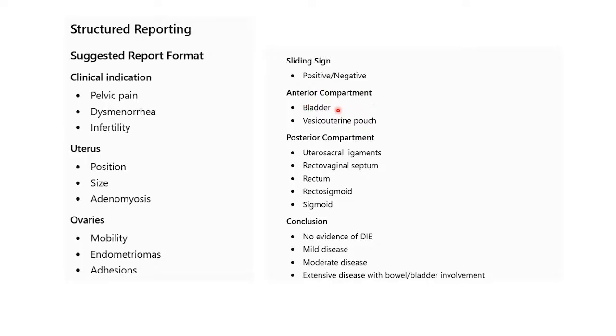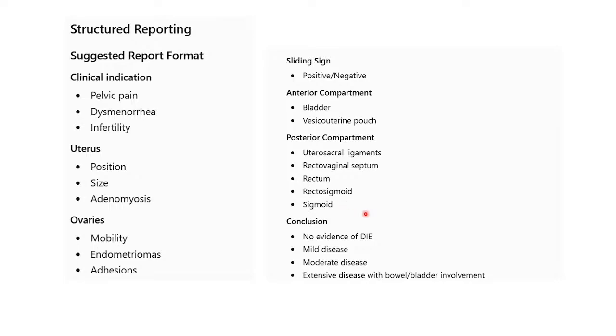Anterior compartment: talk about the bladder, the vesicouterine pouch, are they clear of these nodules or not? Then the posterior compartment: you have to check the uterosacral ligaments and report on that, the rectovaginal septum, the rectum, the rectosigmoid, and the sigmoid. Make sure your report includes those so that it's mapped.